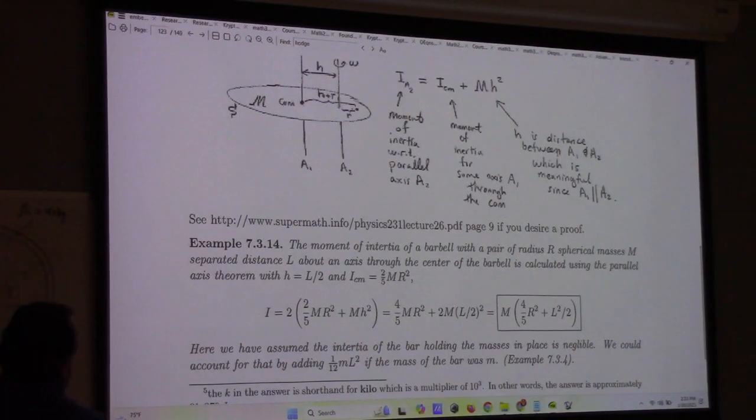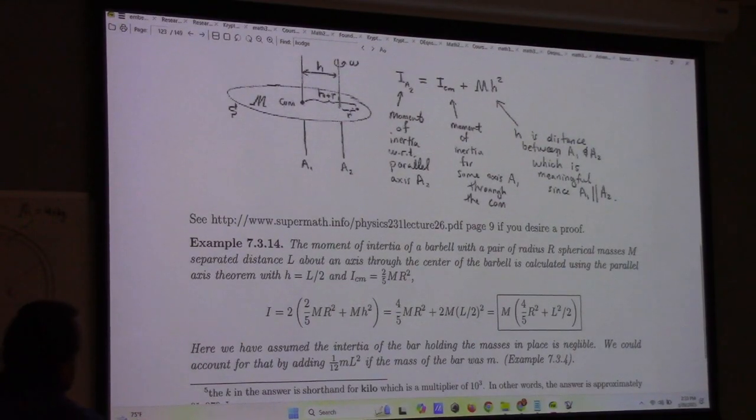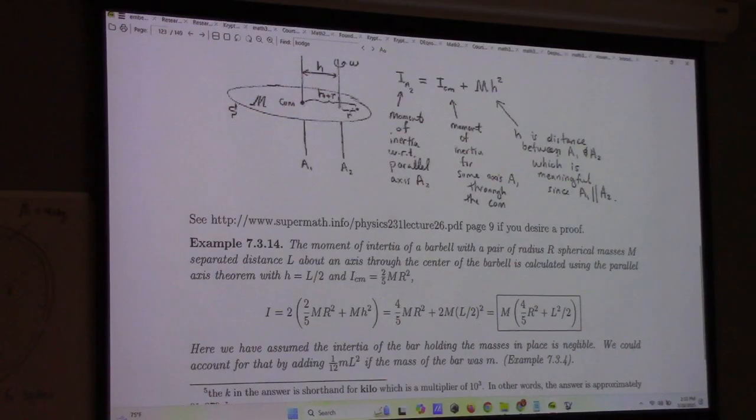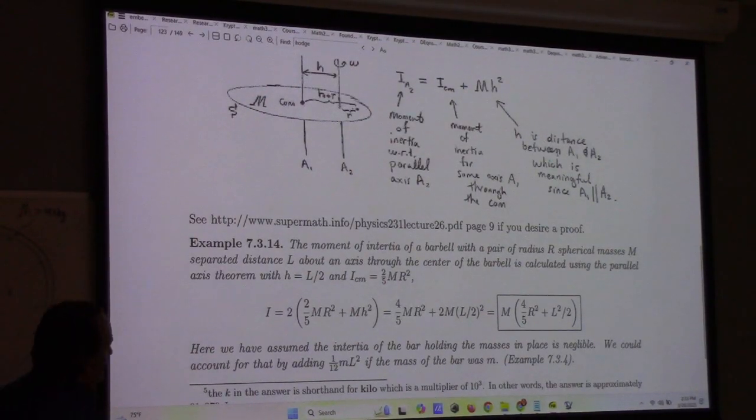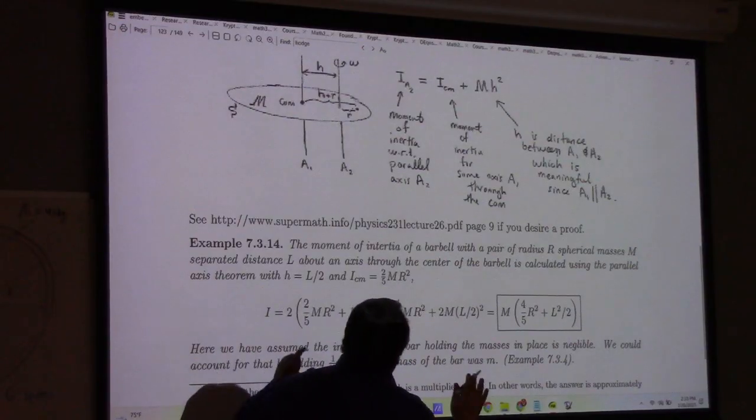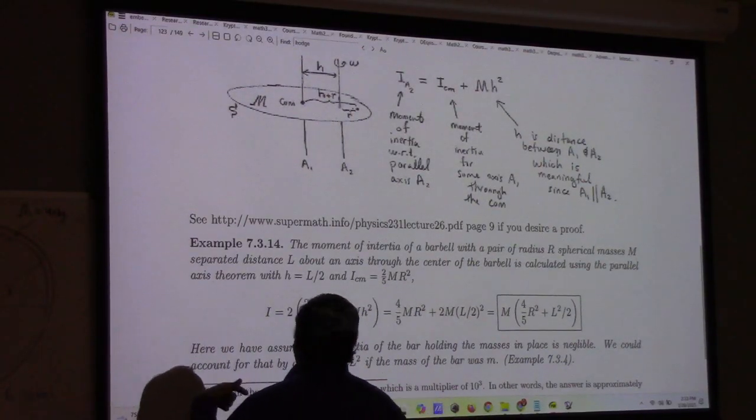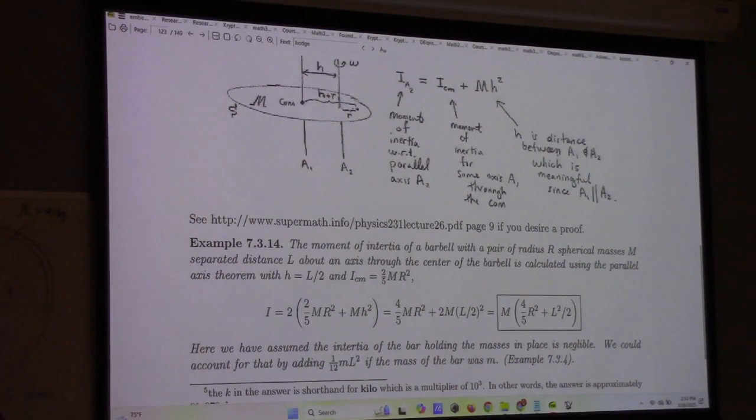So I've got a barbell, distance L. I'm drawing somewhat very big bells. All right, something like that. What's the distance between spherical masses, radius r, separated by distance L?